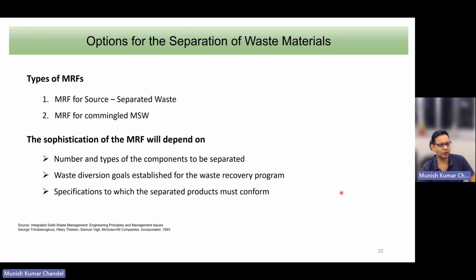So it also depends on what you're doing with the separated materials and products. With this, that's all I would like to tell you about the different physical processes. We talked about physical, chemical, and biological processes, but we talked about several physical methods which are used for separation or transforming the waste.